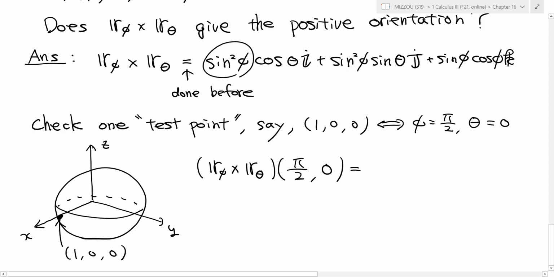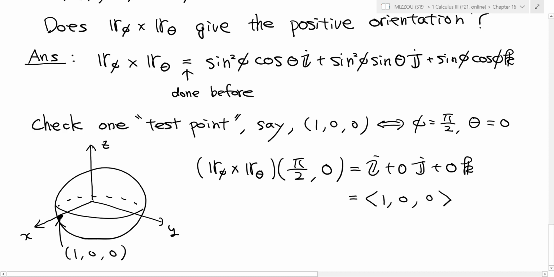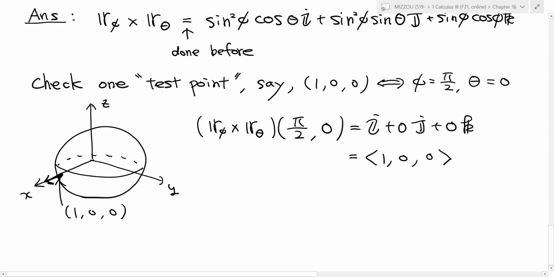Well, sine pi half is 1, and cosine 0 is 1, and sine 0 is 0. So that means this is i plus 0j plus 0k, or if you prefer, you may write (1, 0, 0). So (1, 0, 0) is the vector pointing outside in this way. That's the direction of (1, 0, 0).